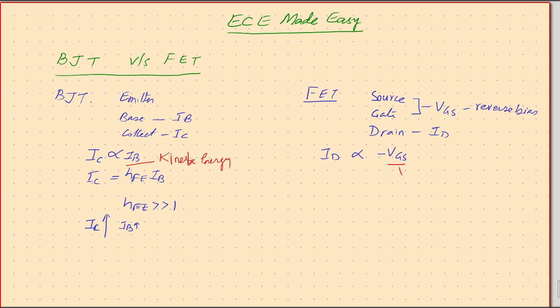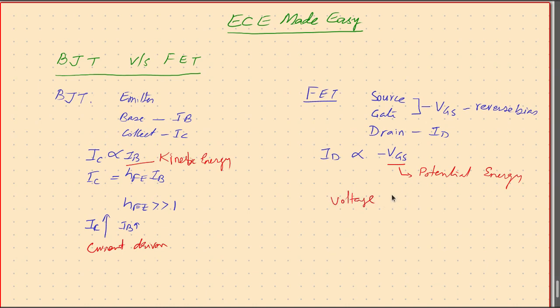Whereas this voltage is a potential energy. So that means our BJT is a current driven system, whereas FET is a voltage driven system.